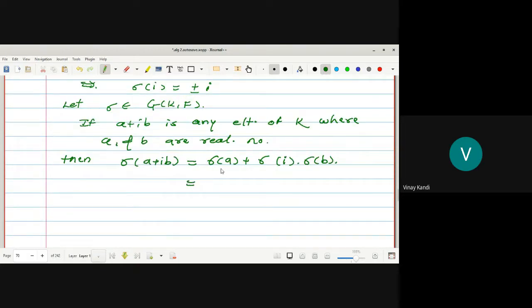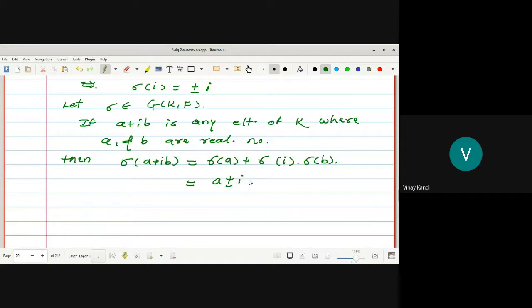a belongs to the real numbers. If this sigma comes from G(K/F), then sigma of a is equal to a. What is the value of sigma of i? Plus or minus i. Sigma of b belongs to the real numbers, so it leaves every element of the real numbers fixed. So this is b.